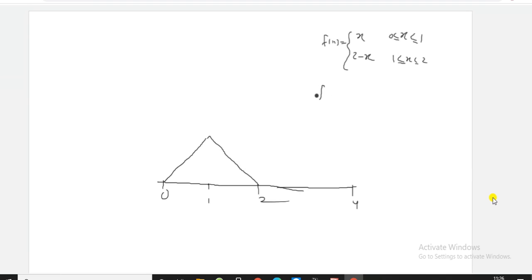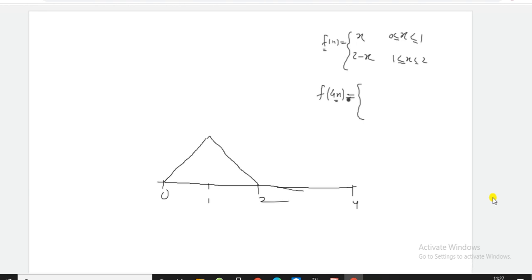Now, what will be the graph of f(4x)? In fact, what is its period? You see the period of the function f was 2. So here the period of this function f(4x) will be कितना हो जाएगा? You just divide by 4. Is it clear to everybody?